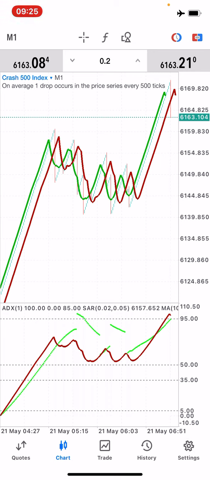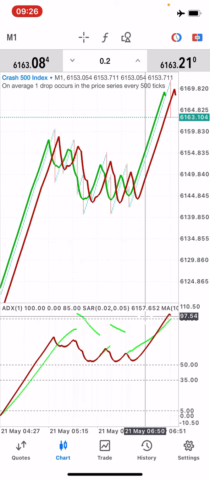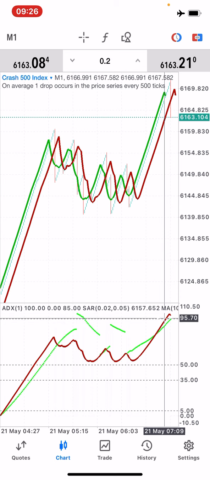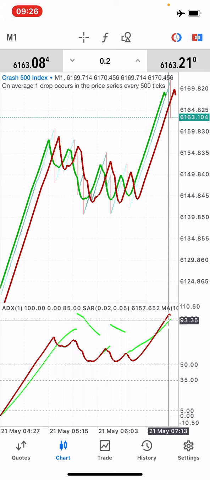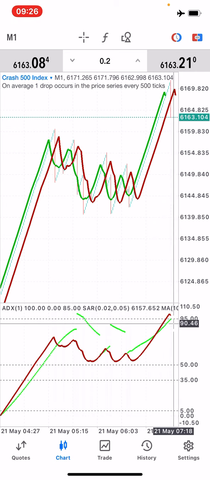So basically, with this strategy, you are going to be looking for crossovers. You're going to be looking at indicator 1 if you want to catch spikes. For you to catch spikes, you will need your moving average and your parabolic SAR dots to be at level 95.